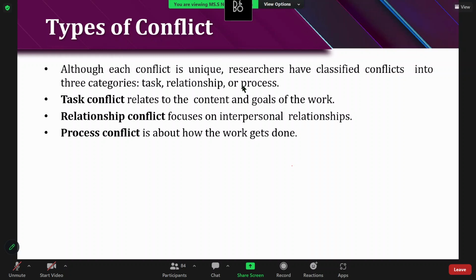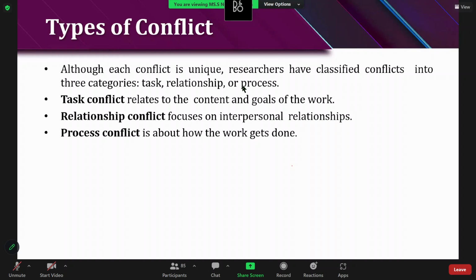Maybe their personal issues, or different points of view or different perspectives, or any arguments can lead to this relationship conflict. So this is not about their work, or the goal of the work, or the content. This is related to personal activities, personal behavior, or the personal characteristics of the parties involved in the conflict. That kind of conflict is called relationship conflict.